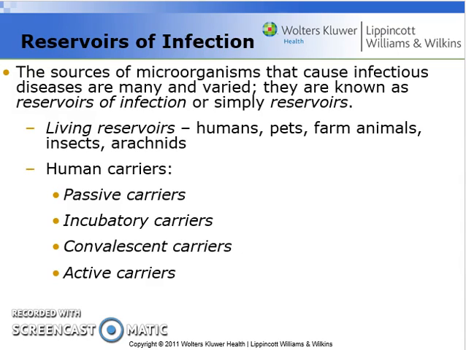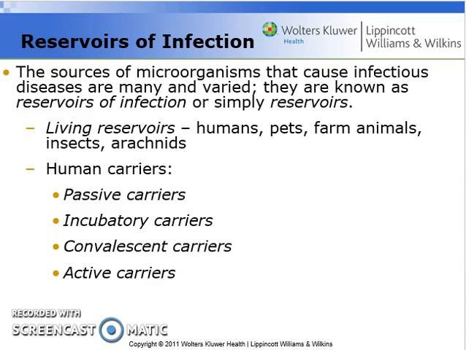The next type of carrier is that of convalescent carriers. These are individuals that are recovering from infectious diseases, and during the recovery, they are actually a carrier of the pathogen. So they can still transmit the pathogen to anybody that they come into contact with.